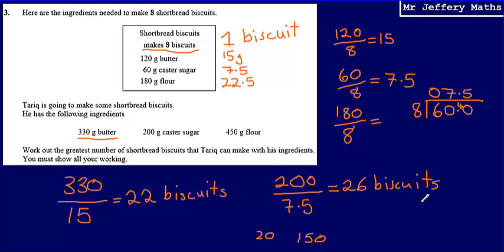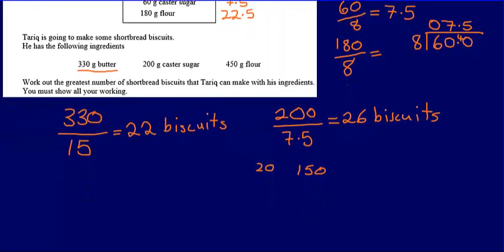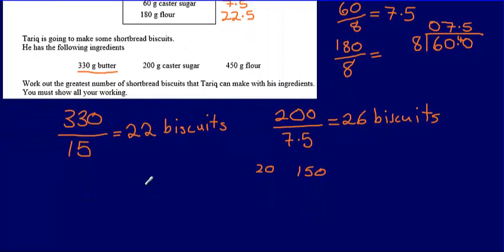And now the last one to look at is flour. For flour, I'm going to have to take 450 grams, and then I'm going to divide that by 22.5. So how many 22.5s could I use up? And so this one, 450 divided by 22.5.